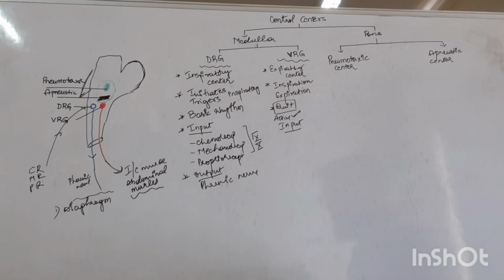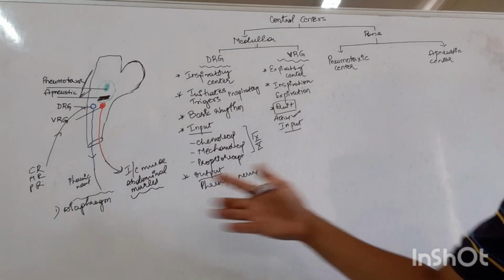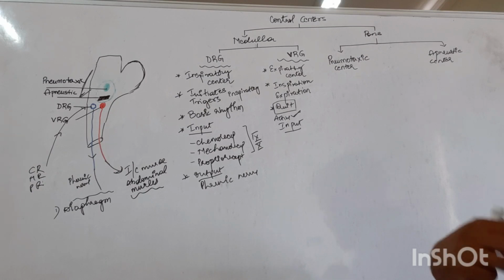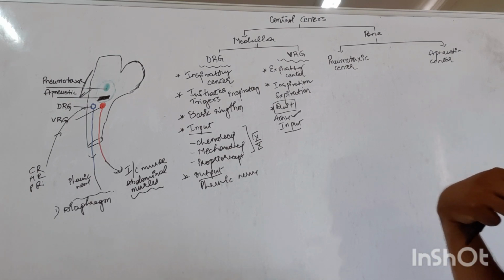So we have seen in our previous discussion that if you need a larger amount of air that has to be accumulated, then there should be the involvement of the abdominal muscles or the extra intercostal muscles, so that the body can take an extra amount of air.